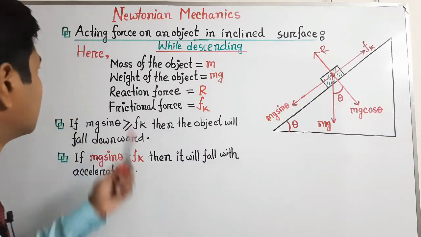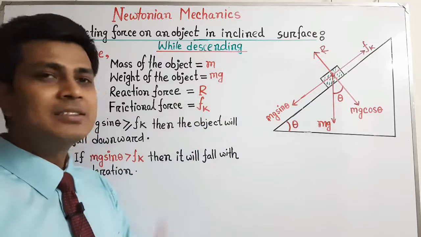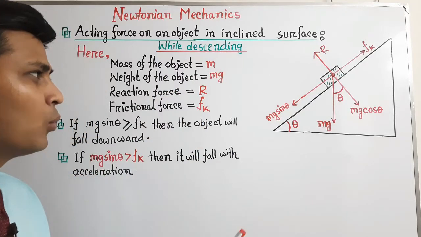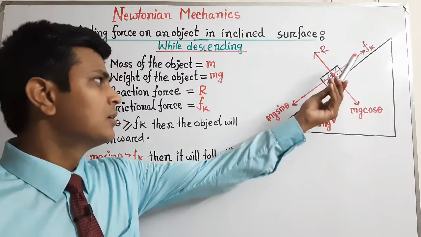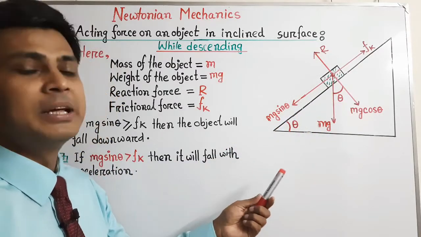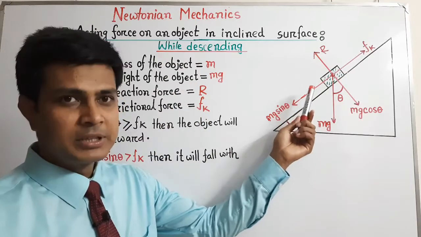Let's have a look. Acting force on an object on an inclined surface in case of descending. That means when an object descends over the inclined surface, in that time we will try to explain the acting force on that object.